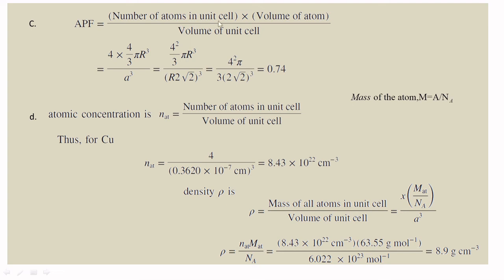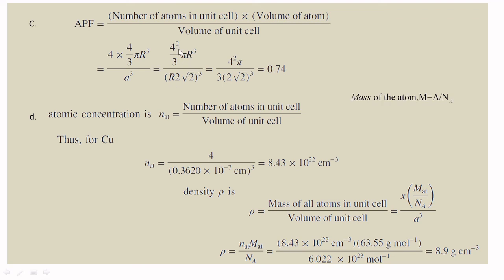The number of atoms in the unit cell which we calculated is 4. The volume of the atom is 4 by 3 pi r cube, divided by A cube. The volume of the unit cell is A cube, that's why I have written it here. A, what we have calculated, is 2 root 2 R. So we take the cube. Then 4 into 4 by 3 pi r cube.